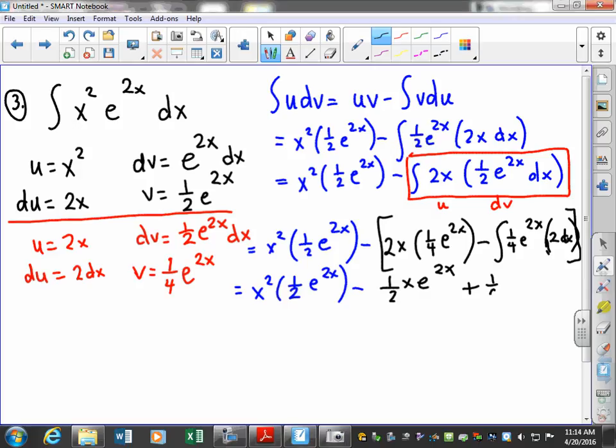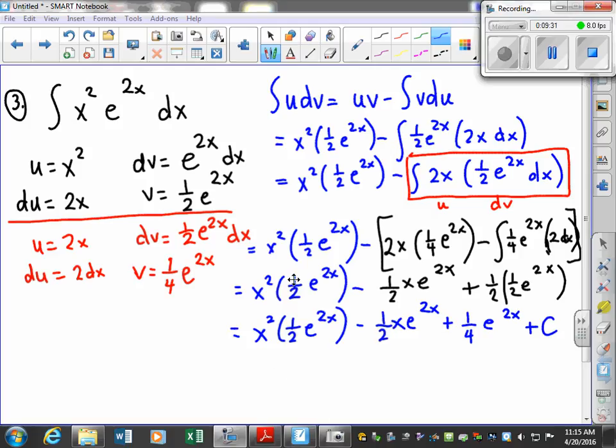Just that 1/2, right? But then when I take the antiderivative of this, what do I get? E to the 2x, and then I have a 1/2 from that. So just to show that extra step in there, we're just going to simplify this next term, and then we should be done.